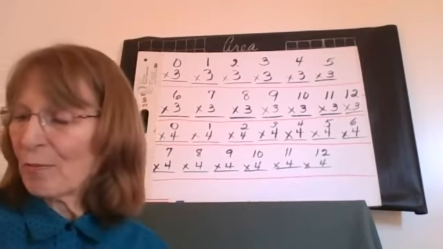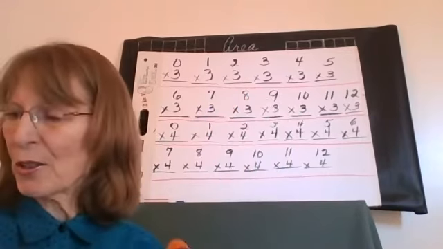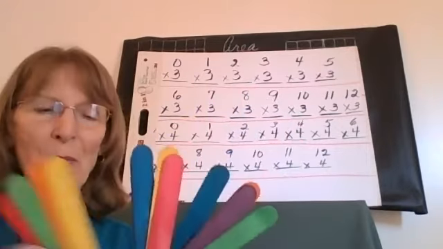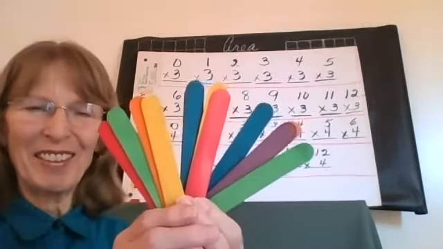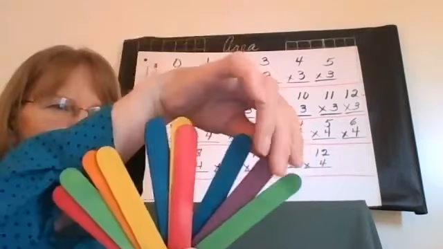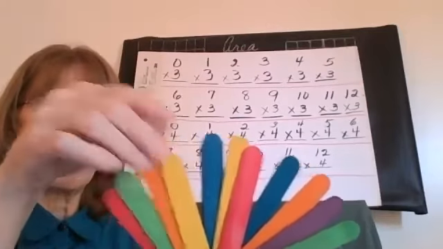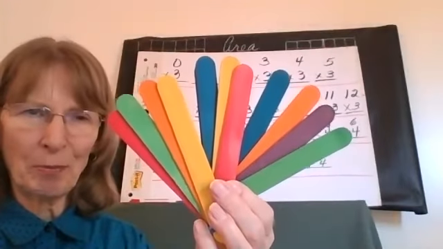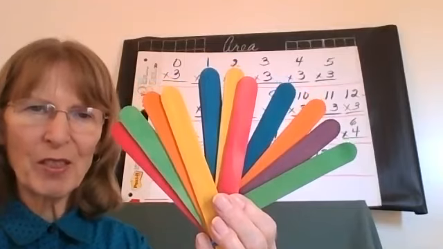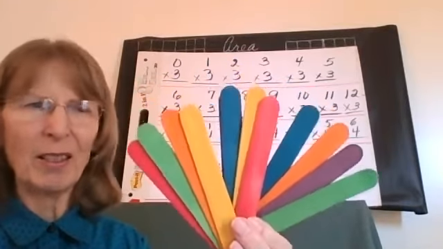All right. Here are some sticks. Here are some more sticks. And here are more sticks. How many sticks do you see? Oh, there's one hiding back here. Can you see them all? Count them. 1, 2, 3, 4, 5, 6, 7, 8, 9, 10, 11.